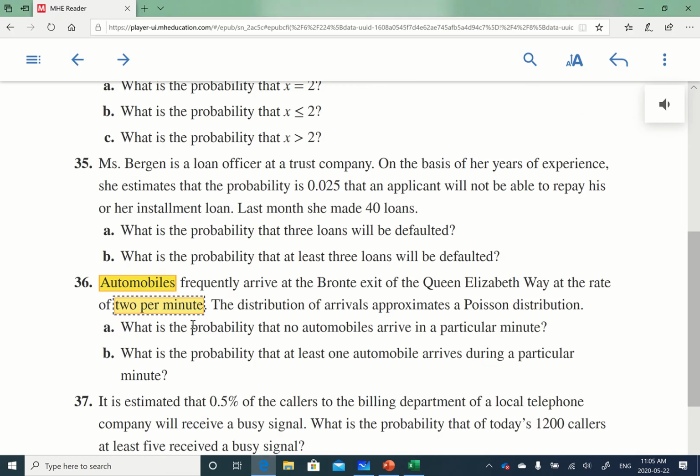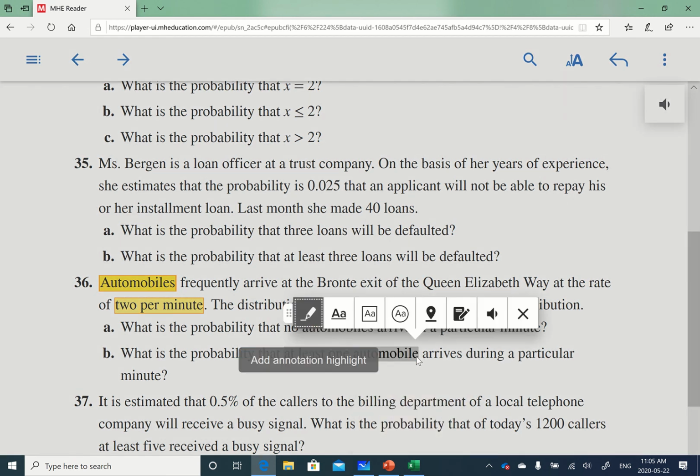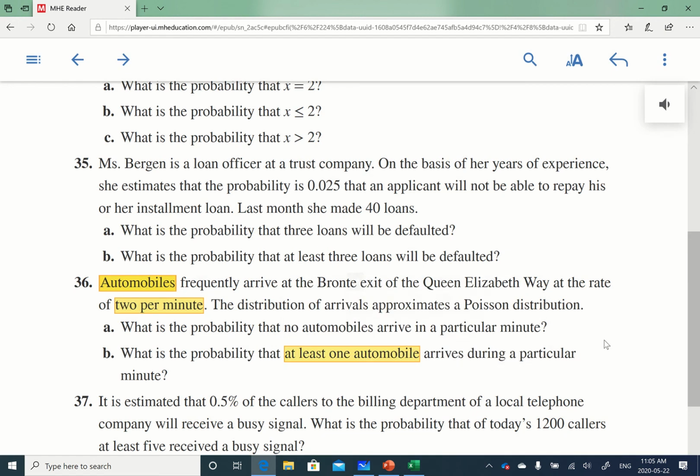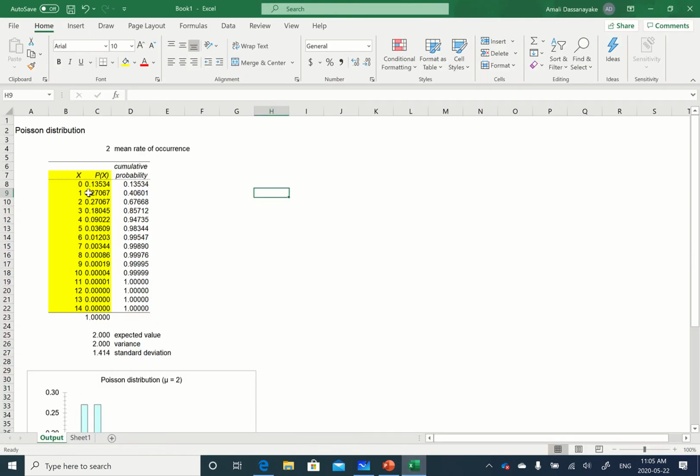And then it's asking what is the probability that at least one. So the idea of at least one is that one or more, right? At least one means it can be one automobile or more than one. So this is a cumulative probability. So this is one or more. One thing you can do is just add all these together.